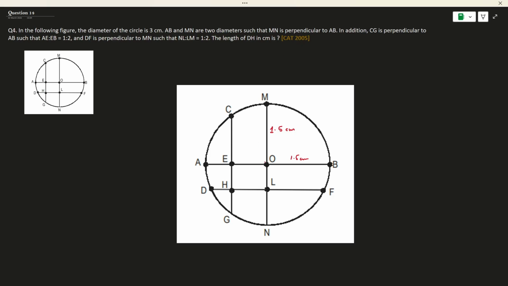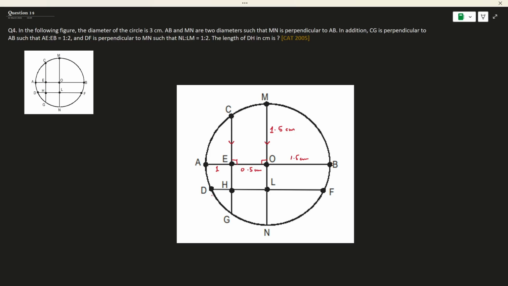MN is perpendicular to AB, so this is 90 degrees. In addition, CG is perpendicular to AB, that means this is also 90 degrees. Two angles are 90 degrees, so CG is parallel to MN, such that AE to AB is 1 to 2. So AE is 1 centimeter, EB is 2 centimeters, so this will be 0.5 centimeters.